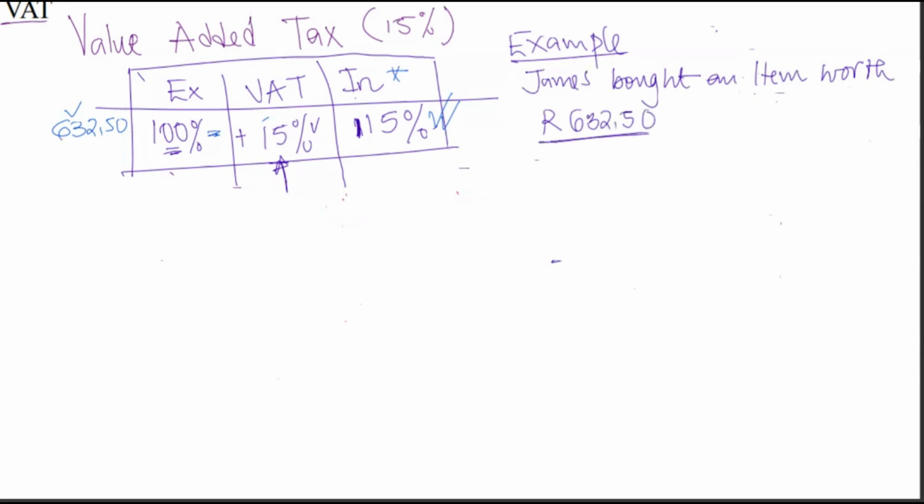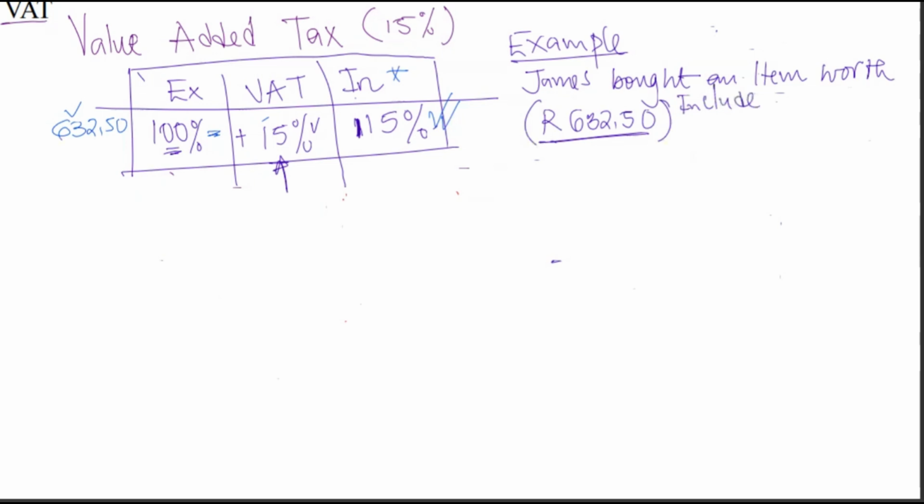If the question comes like this, and they've just told you James bought an item worth 632.50, and they didn't tell you that it does not include VAT, then in real life this price already includes VAT. They don't need to put including.